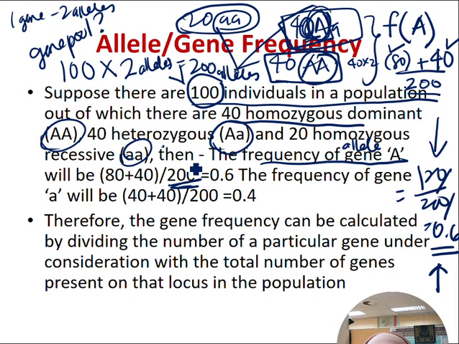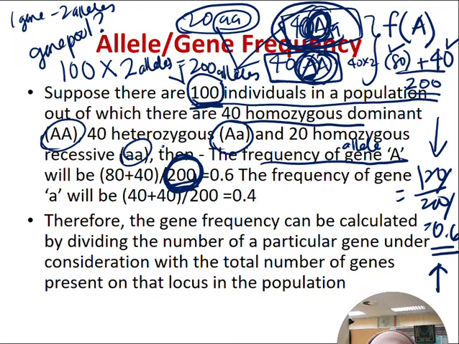First you calculate the number of alleles in that population: see how many people are in the population, then multiply by 2 because we always assume one gene has 2 alleles. Then calculate how many dominant alleles. If the question asks about the dominant allele, count the dominant alleles. If there are 40 homozygous dominant people, each has 2 alleles, so multiply 40 by 2. If there are 50 homozygous dominant people, 50 times 2 gives 100 dominant alleles. For heterozygous, you don't multiply by 2, because they only have one.